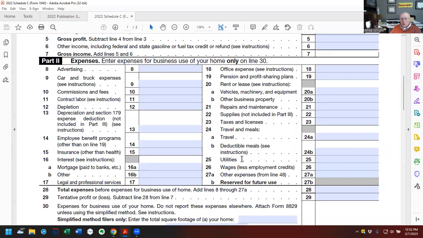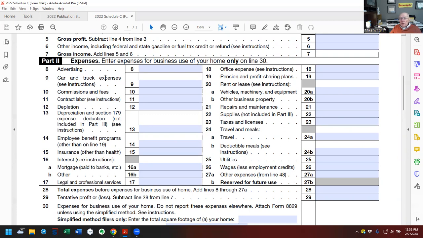I have oftentimes recommended that people just take a look at this guide because it gives you some idea of the easy stuff to be able to take off. It's like the top line income. This is the top line understanding of expenses. This is the stuff that you can think of without spending too much time working on it.